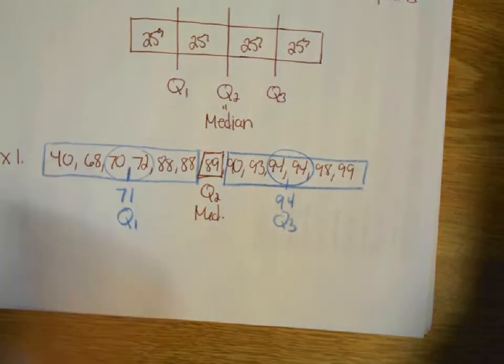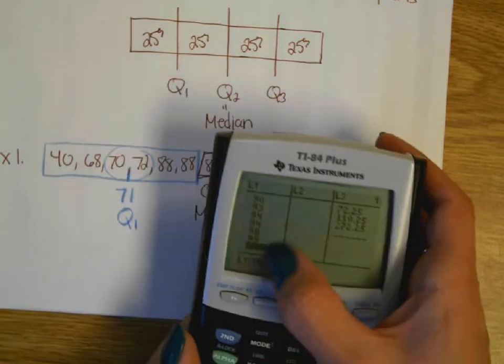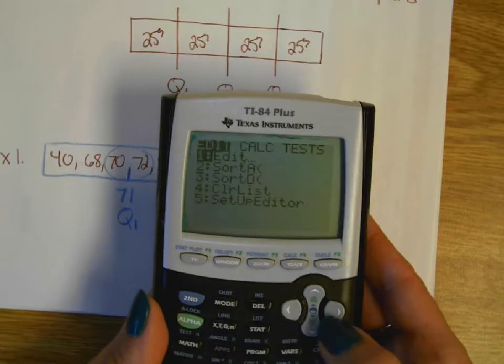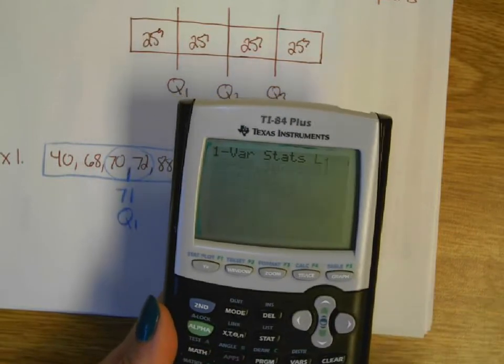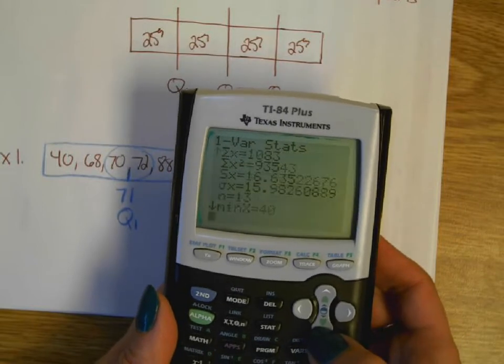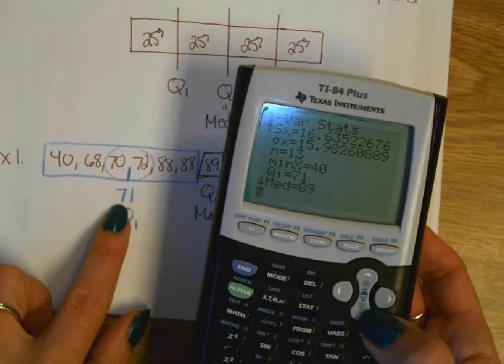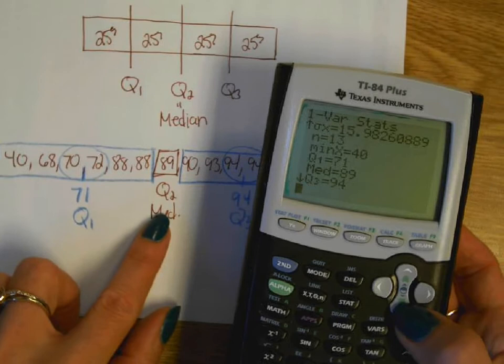Okay, could we have gotten those off of the calculator? Absolutely. I have them in list 1. I showed you this yesterday. If you stat, calc, 1-var stat, L1, remember the quartiles are there. If you arrow down, quartile 1, 71, just what we had. Median is quartile 2, so we've got to know that, 89.